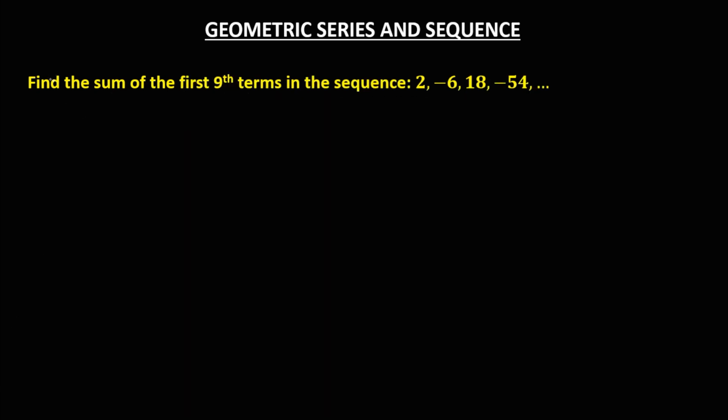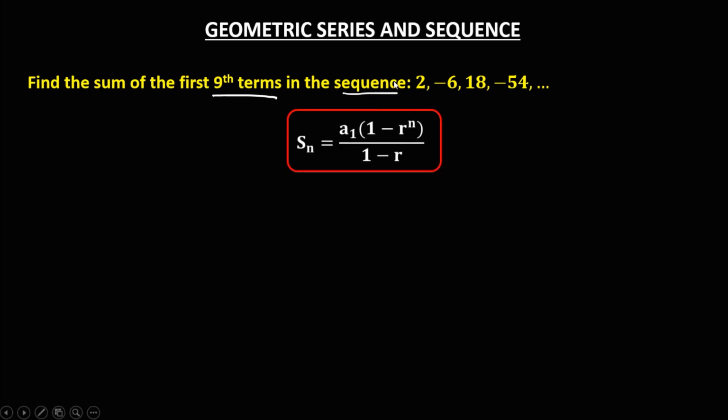Then for this given, to find the sum of the first 9 terms in the sequence, using this formula for the sum of a geometric series, list all the givens. The first term is positive 2.